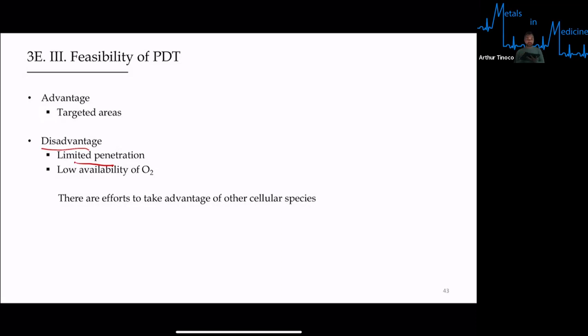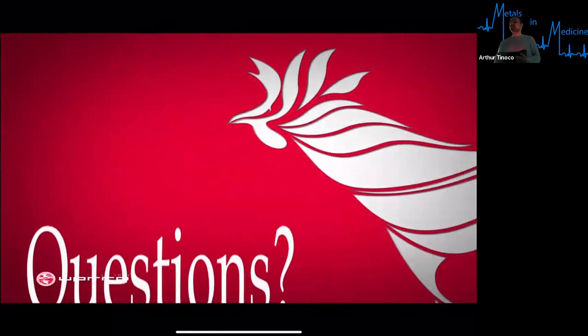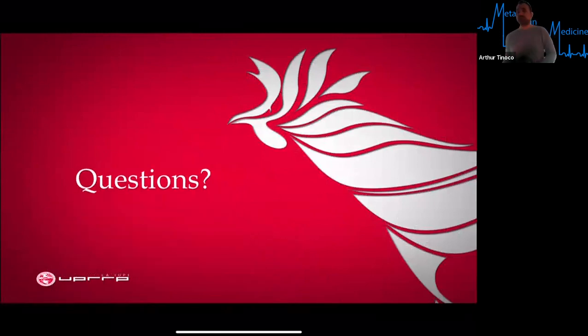And if you're exploiting the use of oxygen, as I already mentioned, there are going to be cells in a hypoxic environment. You may not have enough accessible oxygen to really exploit this technology. But there are examples where people are trying to look at other cellular species that can take advantage of photodynamic therapy for this application. Okay, all right, so before we head out, any questions, any doubts?